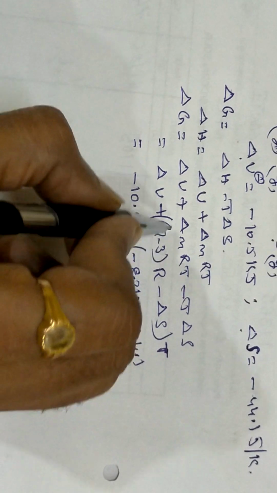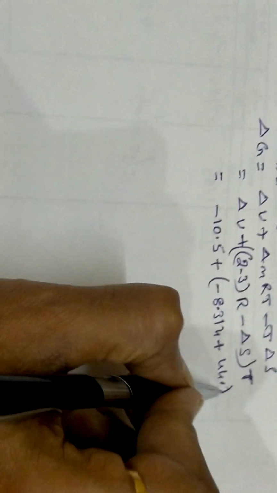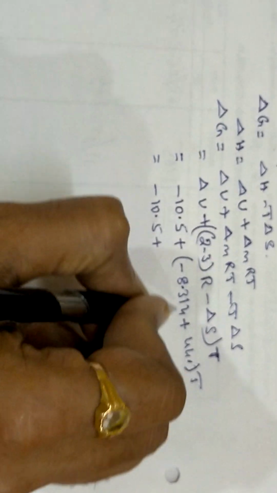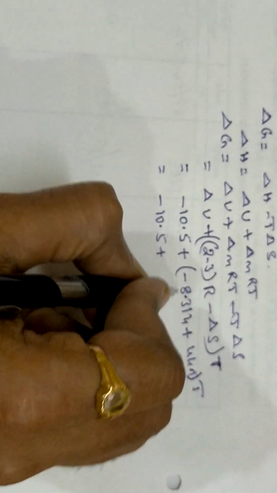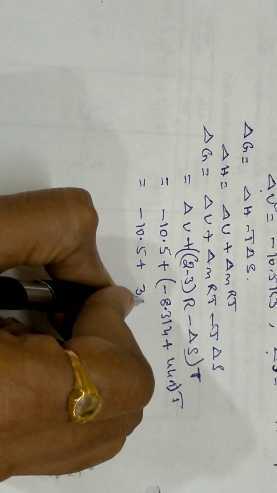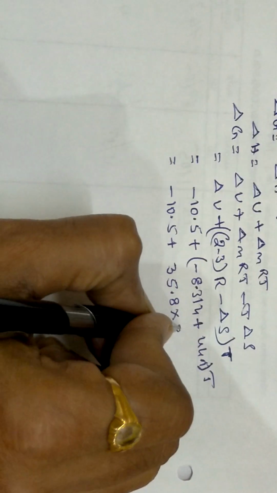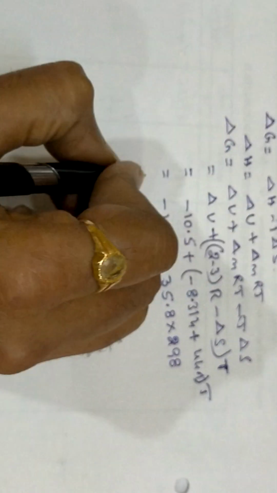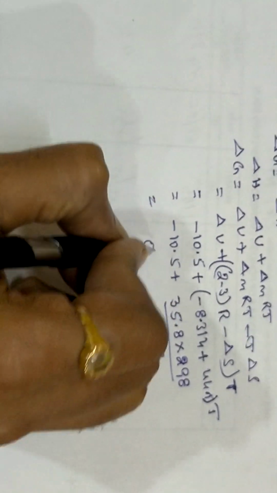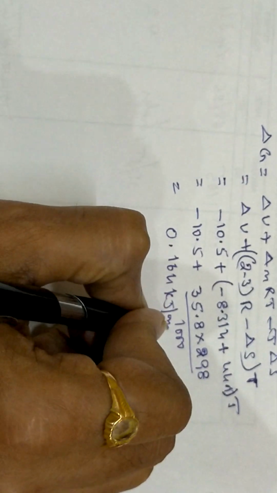This is in brackets, so it is a plus 1, and T times minus 10.5 plus 44.1 minus 8.3, that is nothing but 35.8 into T. Taking T as 298, the standard, divided by 1000 for kilojoule, the value comes to 0.164 kilojoule per mole.